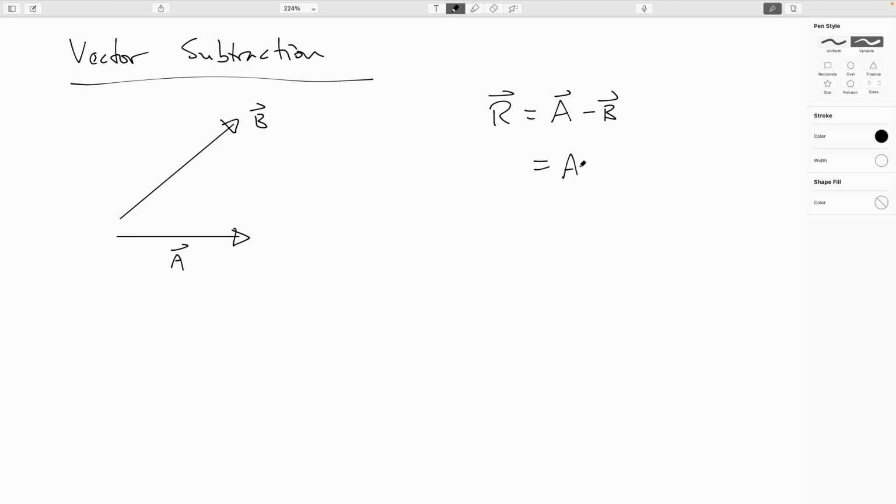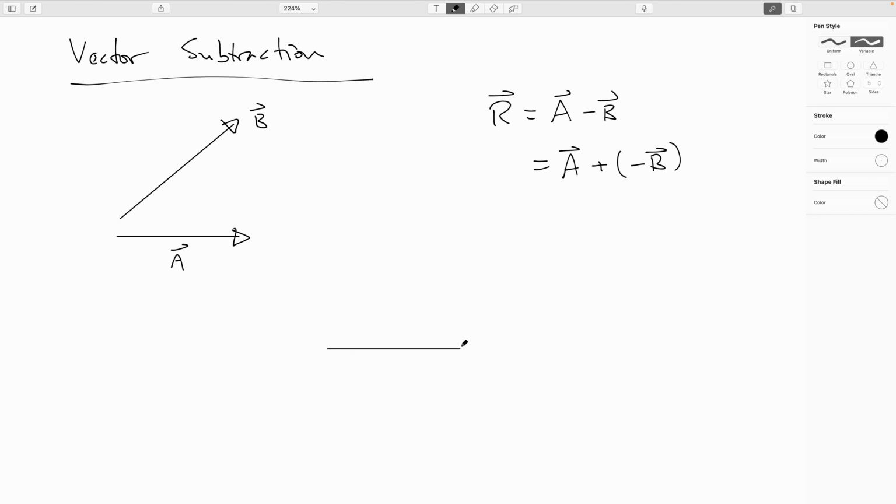So the idea is we can say A minus B is just like we would be doing if these were scalar quantities. We can say that's the same difference as A plus negative B, like that. And then we can go ahead and add these two either by the tail-to-head method or by the parallelogram method. Either way works. But however you do it, I'll do it by parallelogram here.